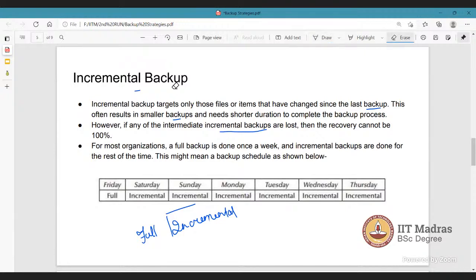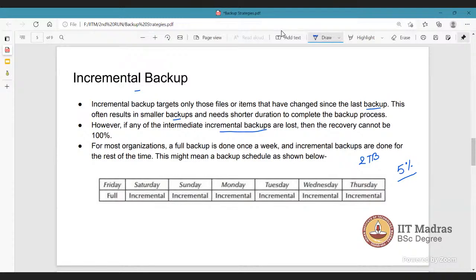Now, let us take an example. Say an organization has 2 TB of data and 5% of it is changed on a daily basis. What we can do is have one full backup once a week, and on the other days we can have incremental backups.